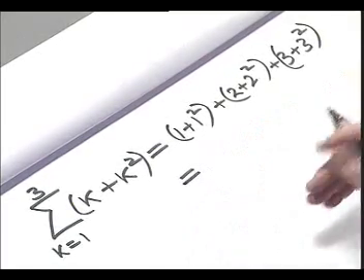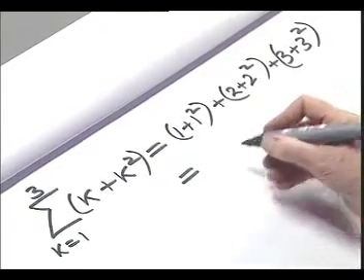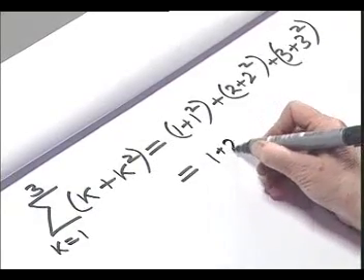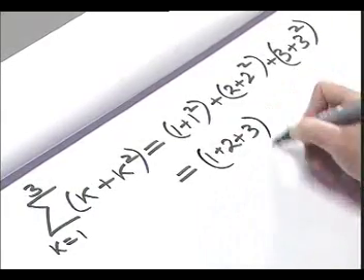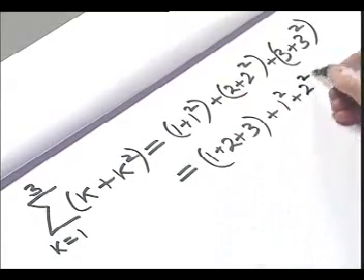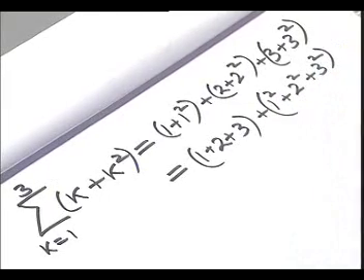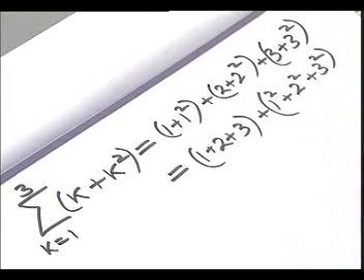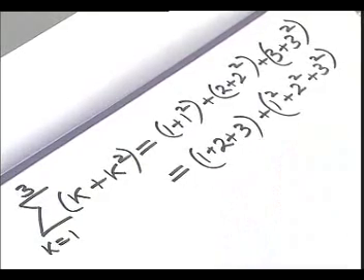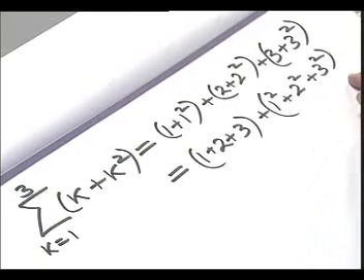Now we'll rearrange the way we did before to make our work easier. We'll take the 1 plus 2 plus 3 together, and then we'll take the 1 squared and the 2 squared and the 3 squared, the bits that are left. And you can see why I've done that, because here we're adding our k's, and here we're adding our k squareds.